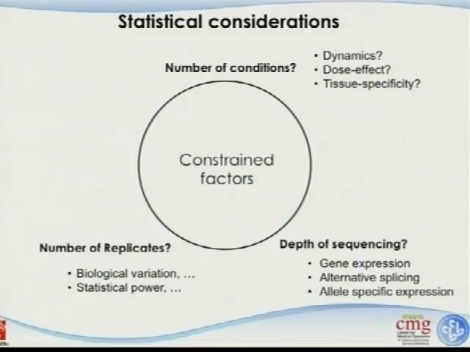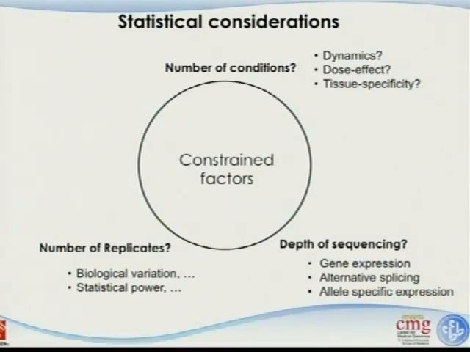And then the number of biological replicates, which also increases the statistical power. As a statistician, which I'm not, they like to see more biological variance and variation included.